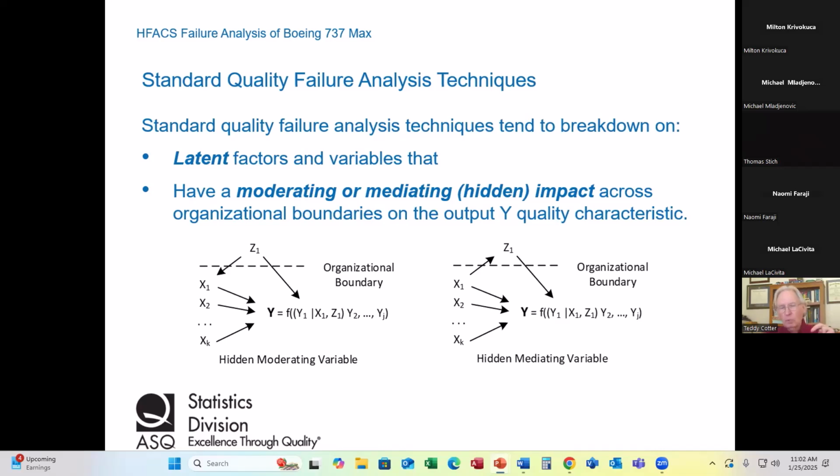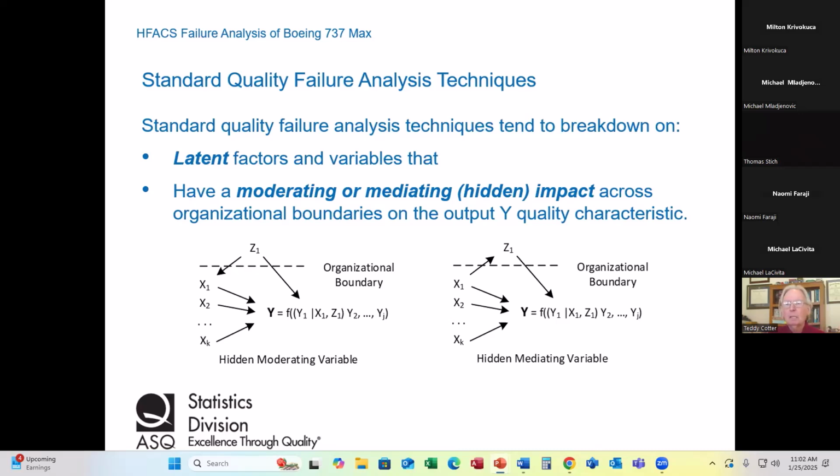So temperature and humidity affected both the preparation of the sample and the actual measurement of the Y output. That was a moderating variable. The lab in our New Jersey facility was in an old building with only non-insulated cinder block walls, so it had a lot of variation.